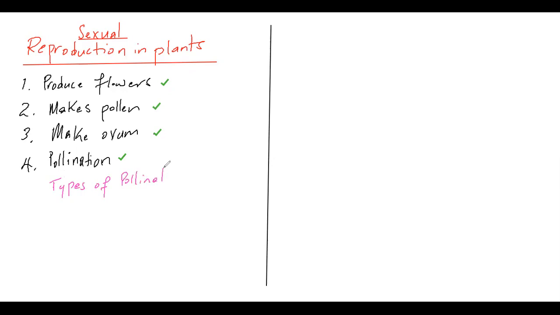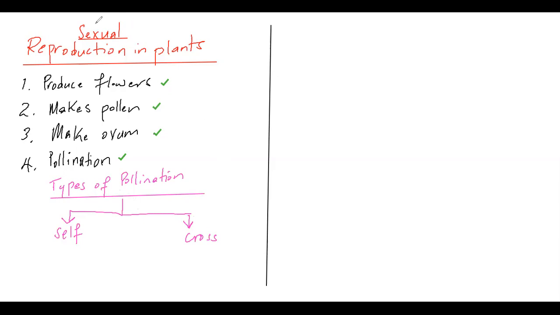And cross-pollination. Yes. So you would put it into two categories. You could say it's either self or cross. Which one is better for the plant, for the species, that is? Cross. Yes, cross-pollination is better.